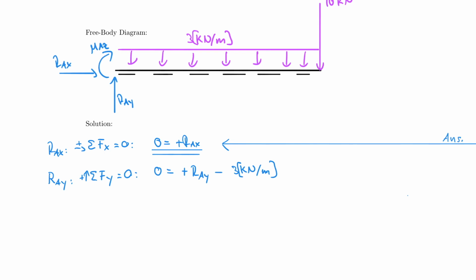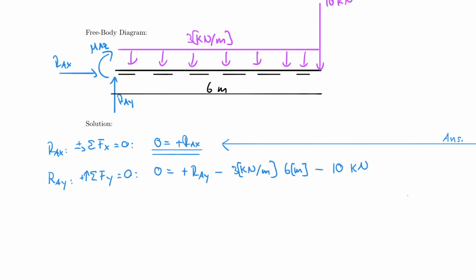multiplied by, and I should have really done this here in my image, I should indicate that this here is really 6 meters. And so now I can multiply my distributed force by 6 meters. And then I have to include my last force here, which is also going down, therefore it's minus 10 kilonewton.